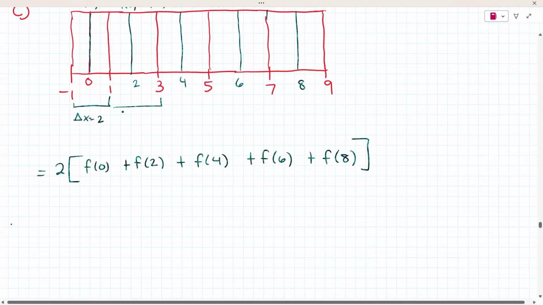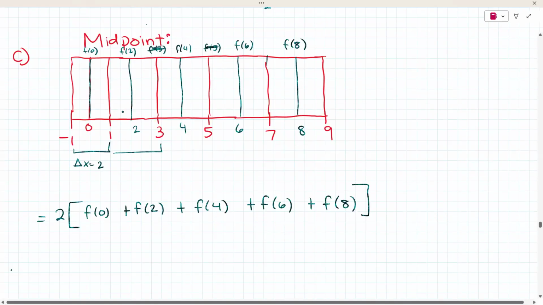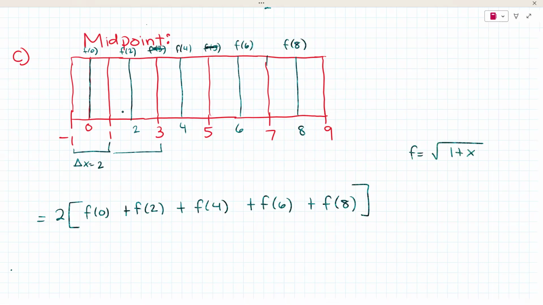And what is our function? Our function is f of x equals square root of 1 plus x. So if you plug in f of 0, 1 plus 0 is square root of 1, which is 1. If you plug in f of 2, 1 plus 2 is square root of 3.